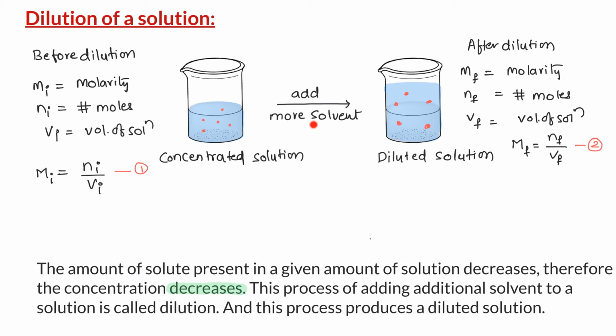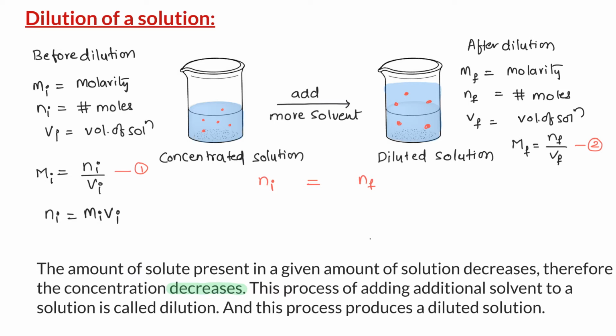If we look at the dilution process, we added additional solvent to a concentrated solution. The addition of solvent did not in any way change the number of moles of solute present in the solutions. Therefore, we can say that n initial is equal to n final. From equation 1, we can write number of moles initial is equal to molarity initial times volume initial.